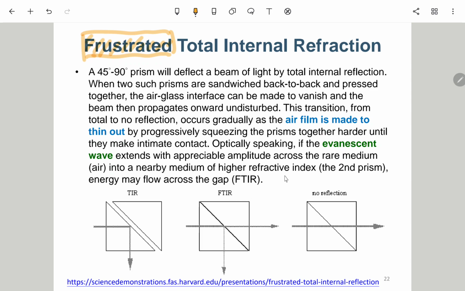Okay, so this one is called frustrated total internal reflection，我也不知道中文叫什么了，反正 frustrated 就是很沮丧的意思。那什么意思呢？Now, I don't try to go through this text. If you have interest, you can check.